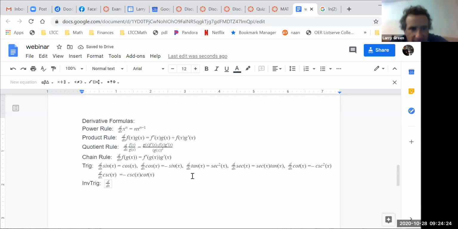And we're taking the sine inverse of x. And that is going to be the fraction 1 over the square root of 1 minus x squared.